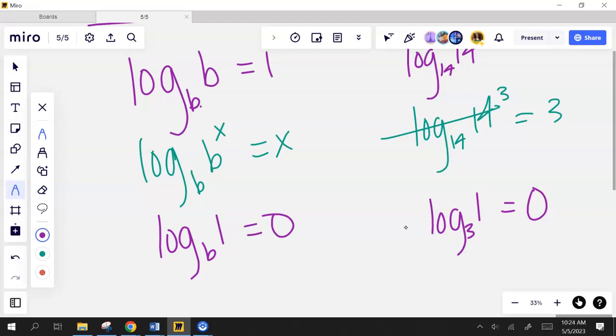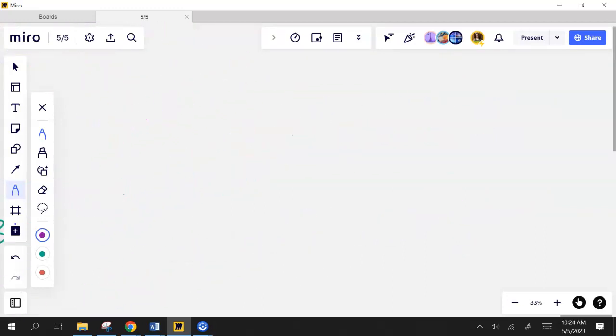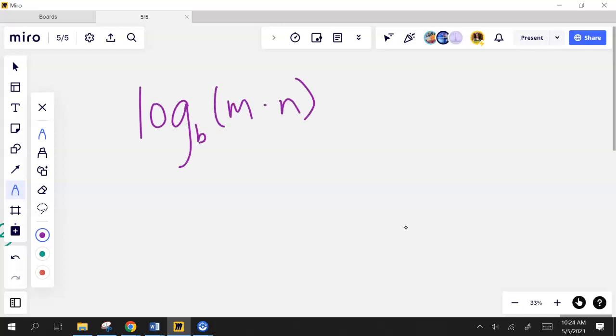All right, let me get through them so that you understand what it is and how to do it. The first one is the product rule, and I don't care that you know the names of them. It's just there for the organization of it. But you do have to know what they do. So remember, logs are what? Exponents. If you remember that and you know your exponent properties, it makes this a little easier.